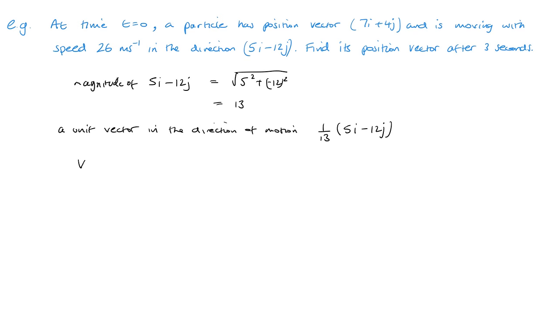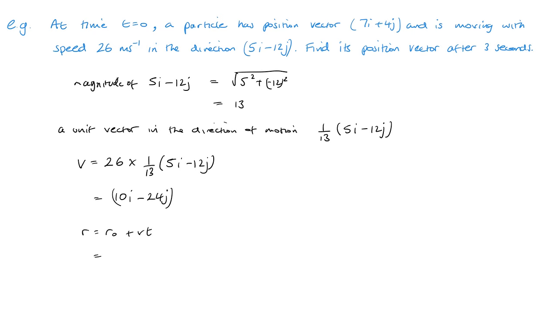So now I can work out what the velocity is. The velocity is 26 meters per second in this direction, so that is going to be 10i minus 24j. That now is my new velocity. Now we go on to using our formula, R equals R0 plus vt.